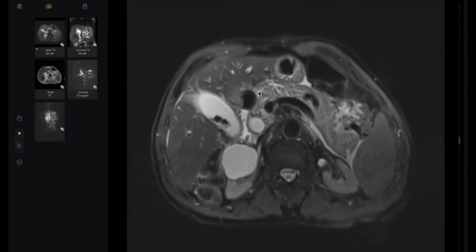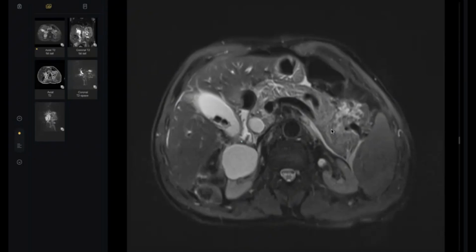What happened here? Look at the pancreas. Why is the pancreas surrounded by fluid? Okay, so this obstruction may cause pancreatitis. Yes. But what about the size? What about the signal?